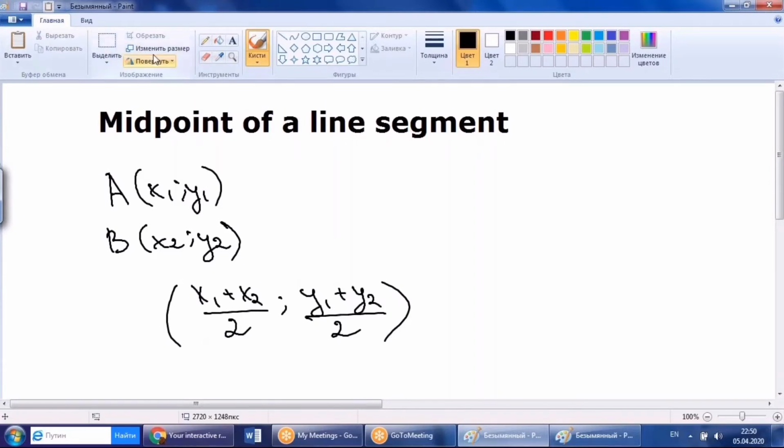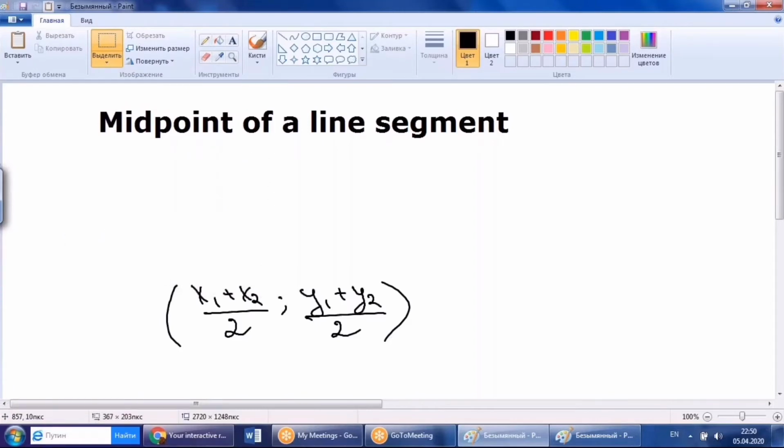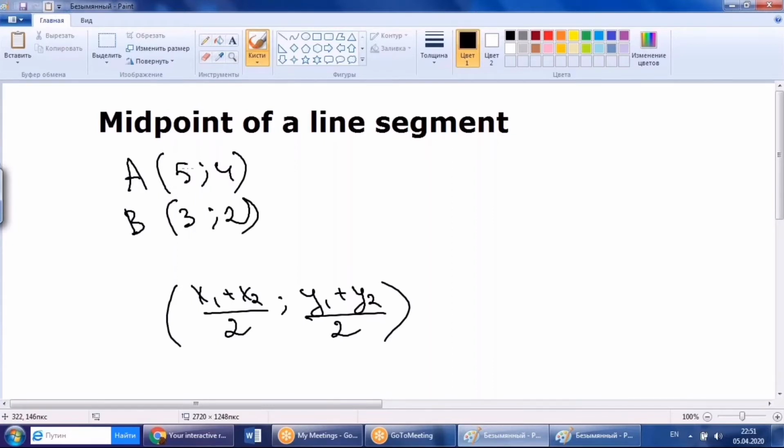For example, I want to find the midpoint of point A, 5 and 4, and point B, 3 and 2. So I suppose that 5 is x1, 4 is y1, 3 is x2, 2 is y2. Now, what is the formula? x1 plus x2 divided by 2.